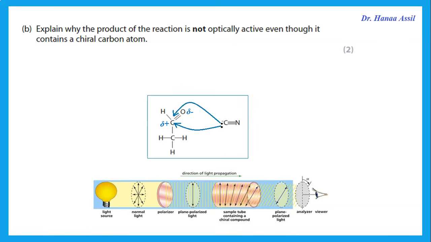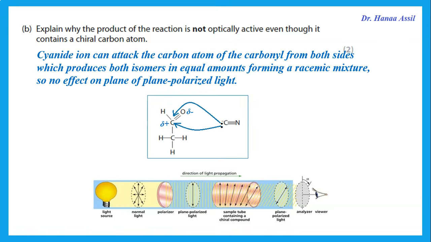So I get both optical isomers, and that means it's a racemic mixture, and the racemic mixture will have no effect on the plane of plane polarized light. So the cyanide ion can attack the carbon atom from both sides, and this produces both optical isomers in equal amounts. And this is what we call a racemic mixture, so there is no effect on the plane of plane polarized light.